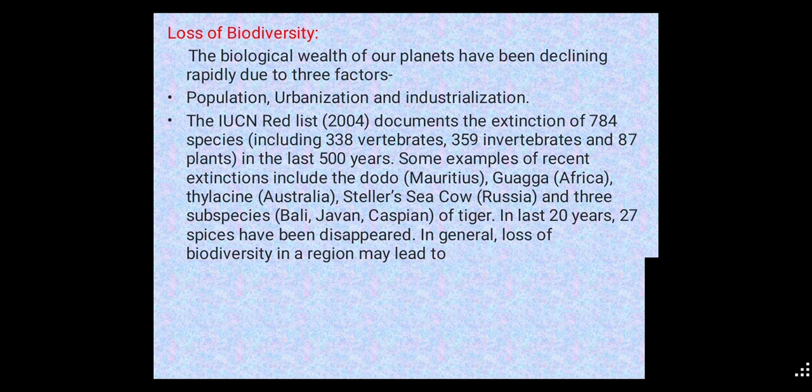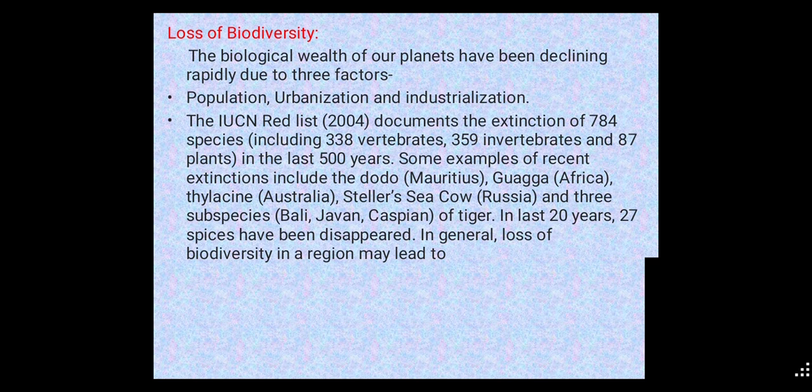Some examples of recent extinctions include the dodo of Mauritius, the quagga in Africa, the thylacine in Australia, the Steller's sea cow in Russia, and three subspecies of tiger, the Bali, Javan, and Caspian. In the last 20 years, 27 species have disappeared.